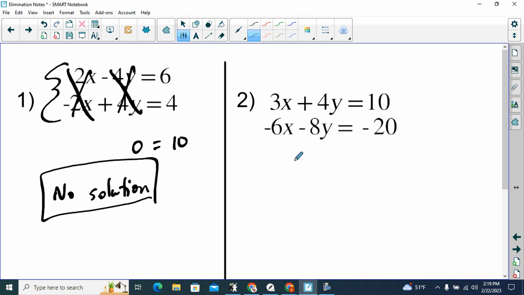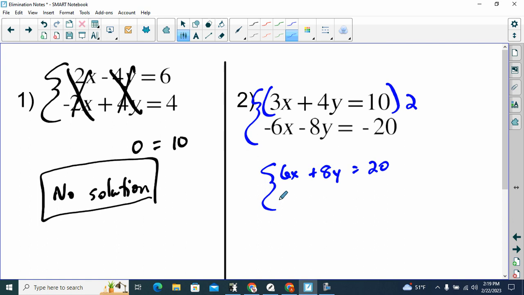Let's try number 2. 3x minus 6x, don't cancel. 4y minus 8y, don't cancel. If this is minus 6x, I want this to be positive 6x. I'm going to multiply this top one by 2. 3x times 2, 4y times 2, 20 times 2.